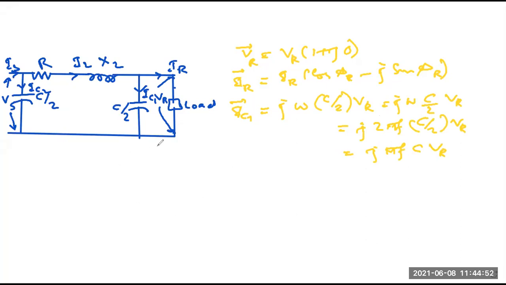IC1 is over. Next is IL, equal to IC1 plus IR.